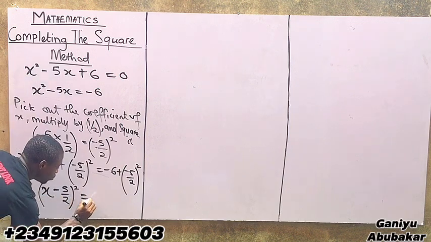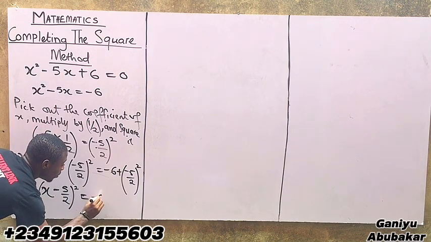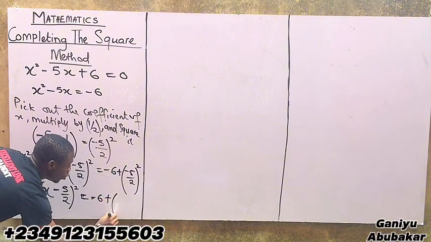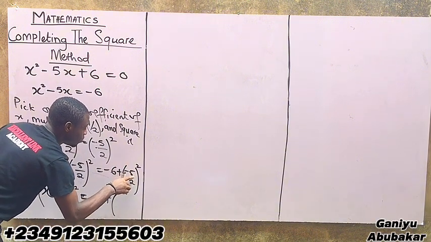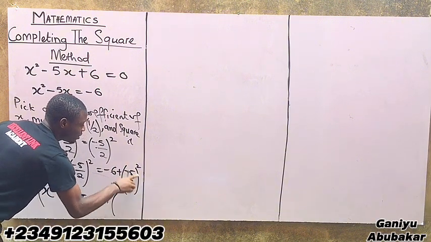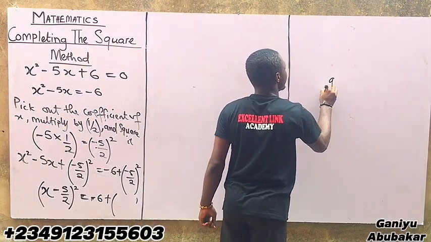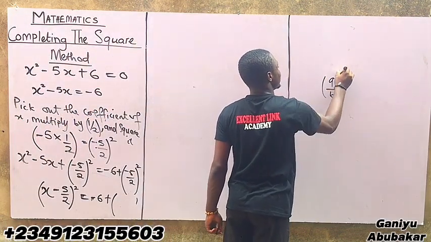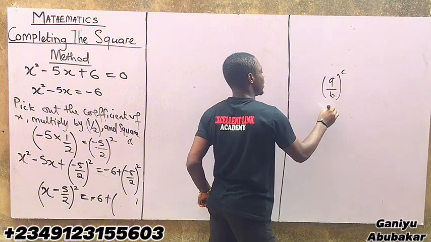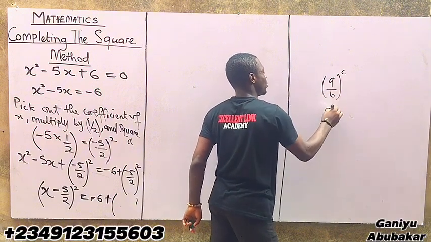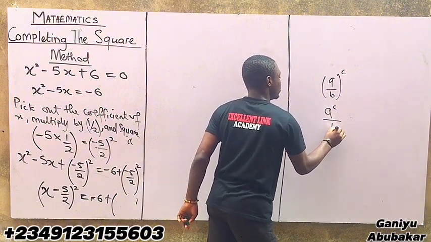So it's now equal to, this is what? Minus 6 plus minus 5 over 2 all squared. I'll try to express it in terms of indices. In indices, if I have a over b all to power c, it means that this can be written as a to power c over b to power c.